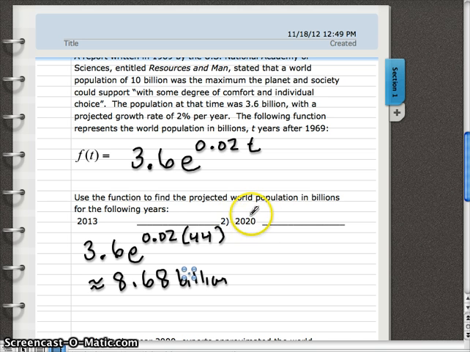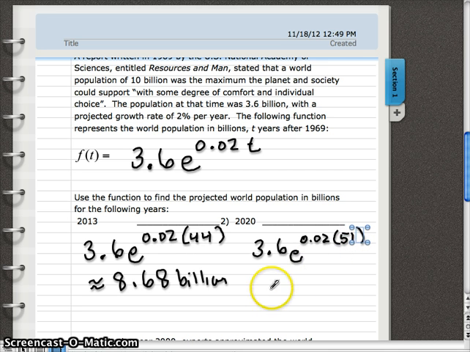Let's see what would happen 7 years from now. In 2020, what's our number going to be if this many people are reproducing? Well, instead of 44, we've got 7 more years, so we're going to substitute, what is it, 50, 51? That would be 7 more than 44.